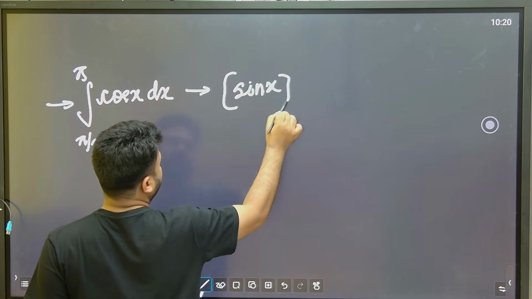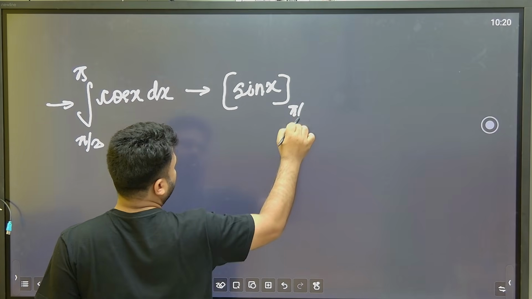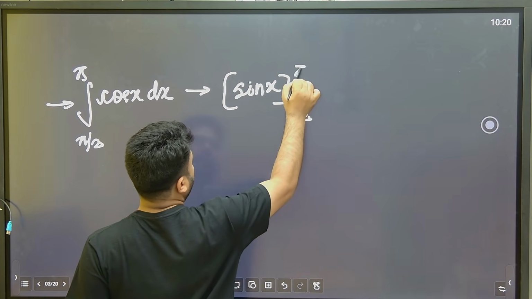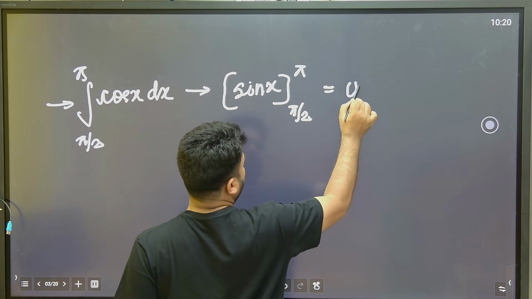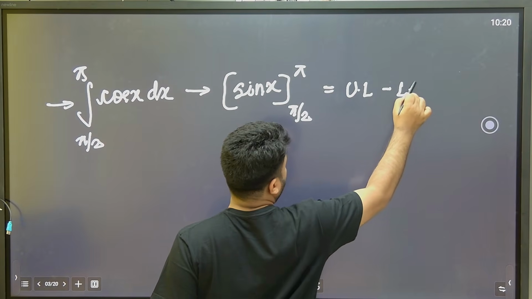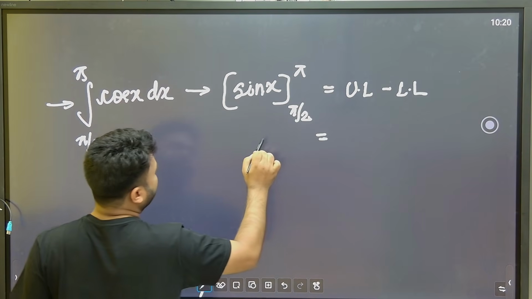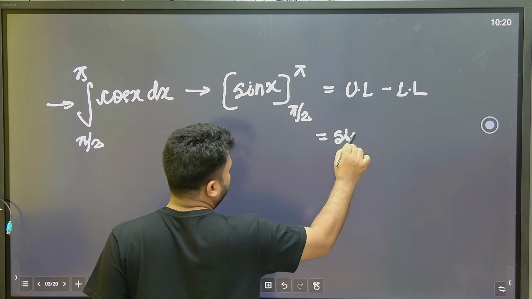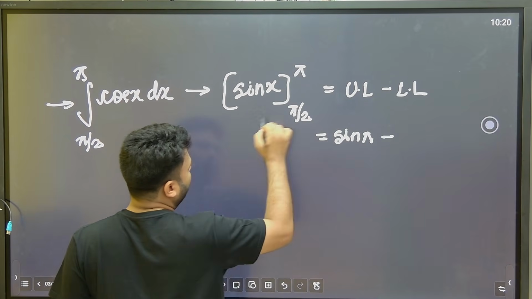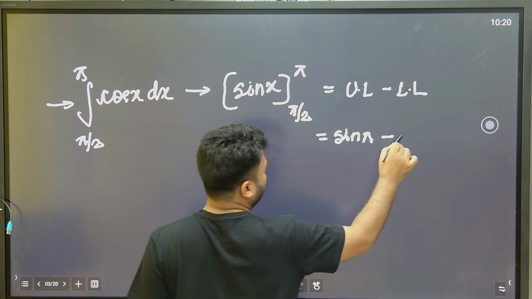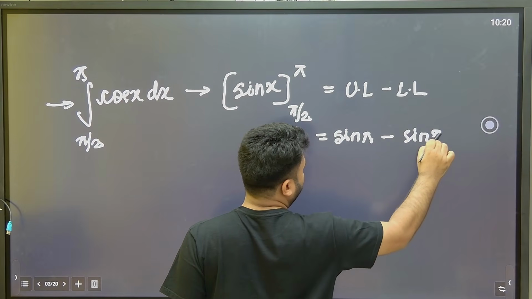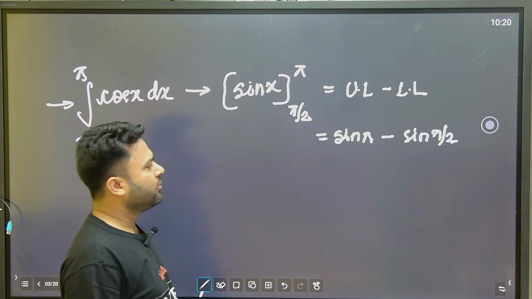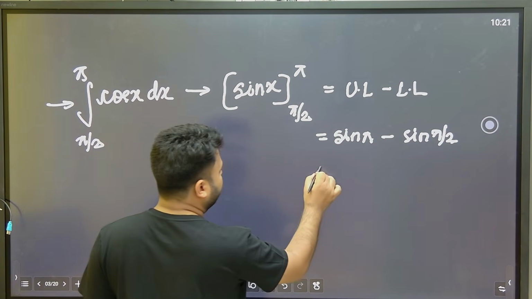Now you put the limits. Lower limit is pi by 2. Upper limit is pi. Now what you have to do? Upper limit minus lower limit. So upper limit means in place of x you put pi. So sine of pi minus lower limit, in place of x you put pi by 2, sine of pi by 2. So sine of 180 degree, pi means what? 180 degree.